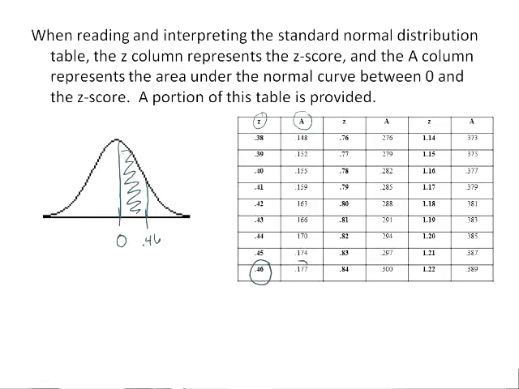Then look for the corresponding area. That's 0.177. So the area here is 0.177, which corresponds to 17.7%. So the area underneath the curve between 0 and 0.46 is 17.7% of the area.